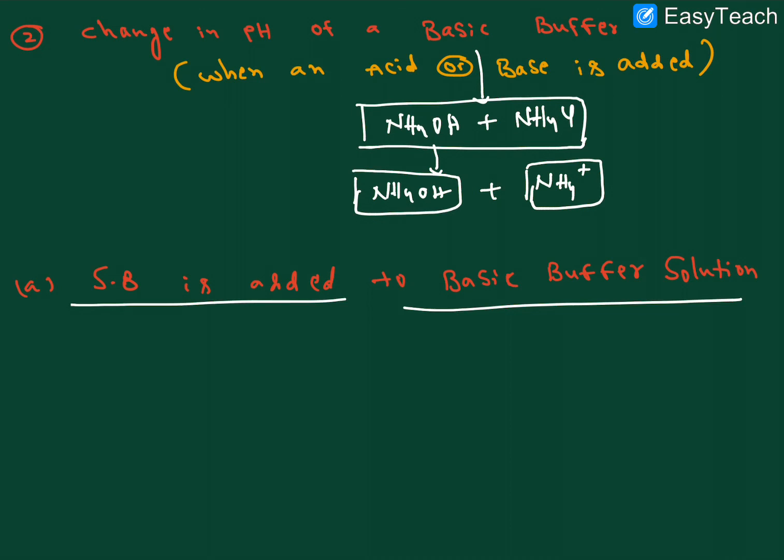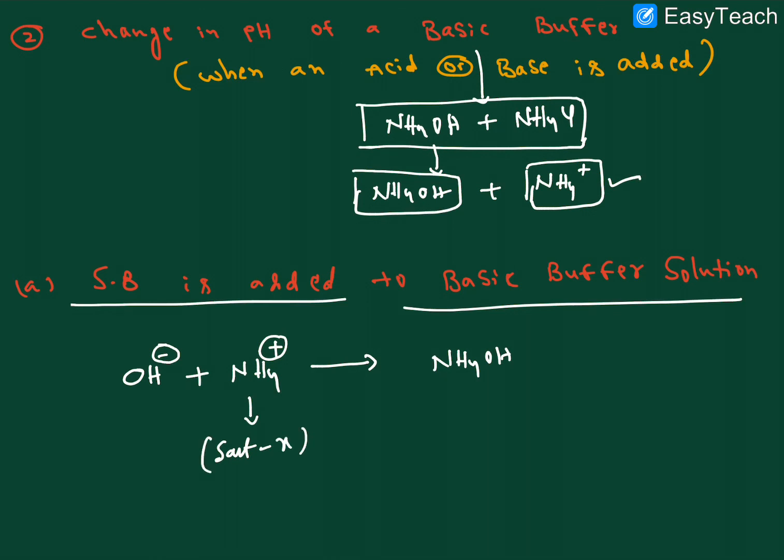Here a strong base is added to the basic buffer solution. So what happened here? Generally, what are we adding? The base is giving OH minus, which combines with the ammonium ion to form the base, ammonium hydroxide.